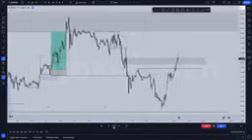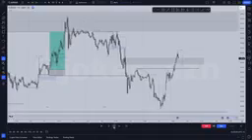And there we go. So again, can be short here.